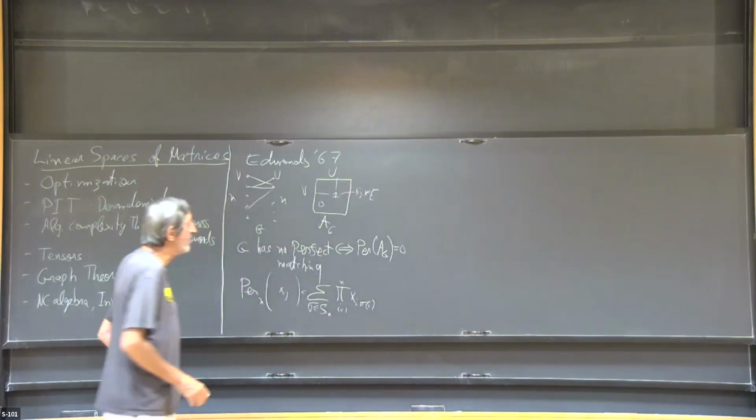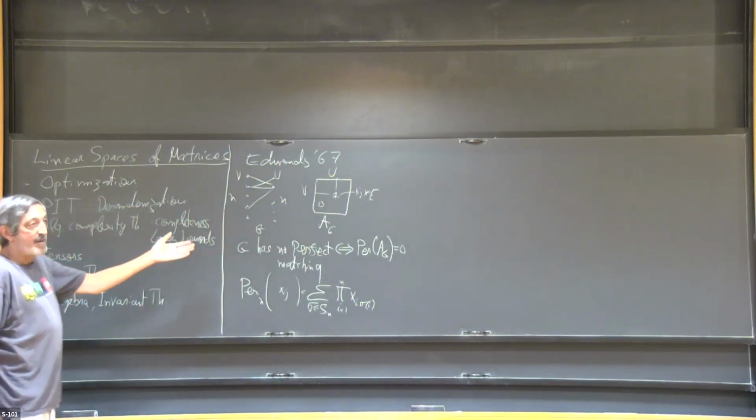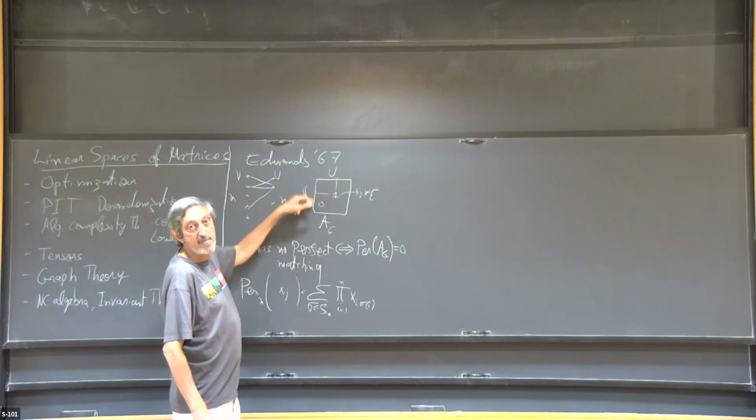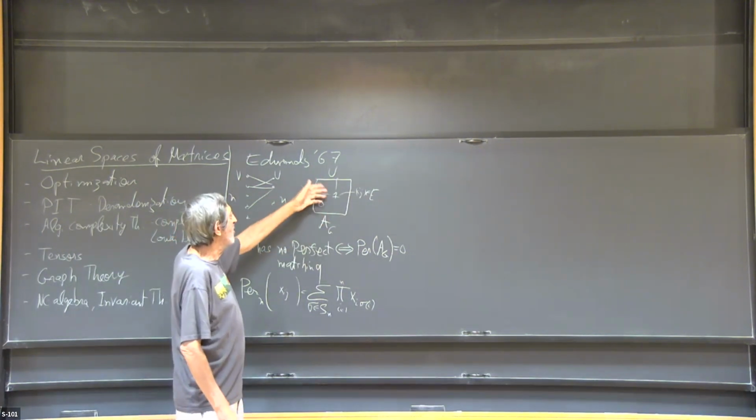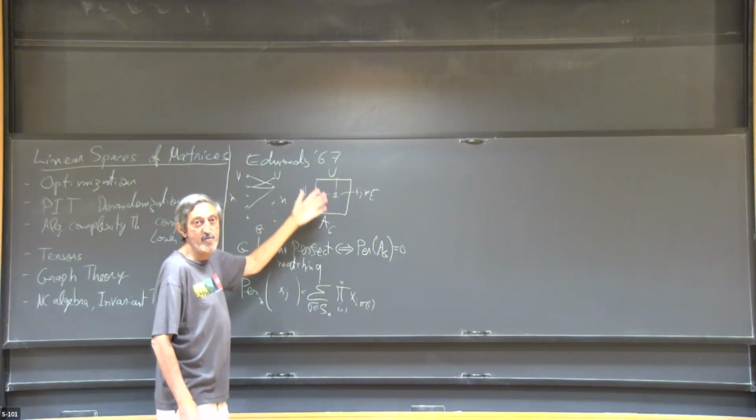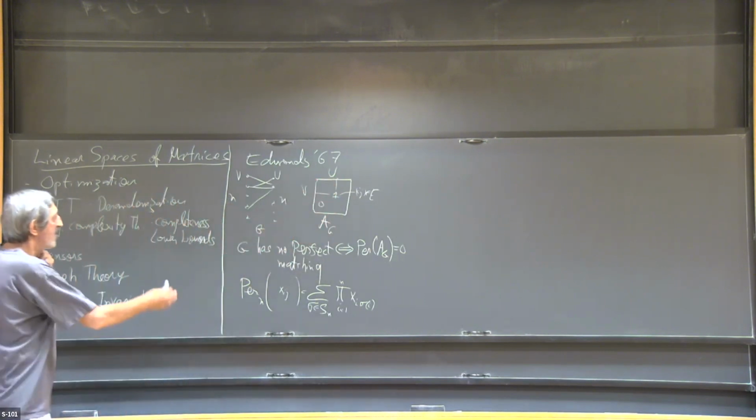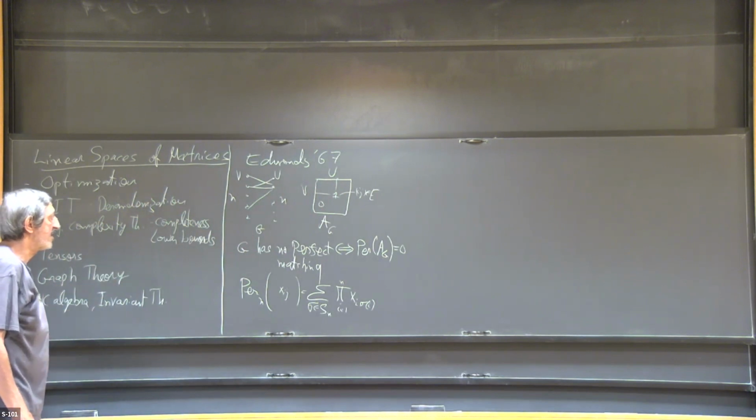Very important polynomial. This is obvious, right? The permanent just counts over all diagonals, which are perfect matchings, and multiplies the values there. So if all of them are 1, you get a non-zero, otherwise you get 0.